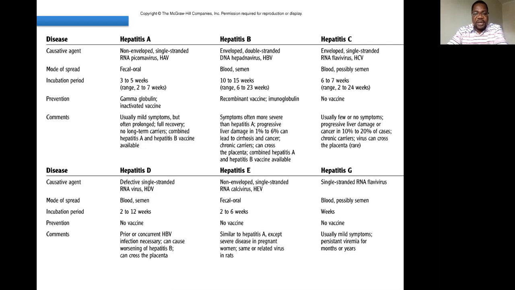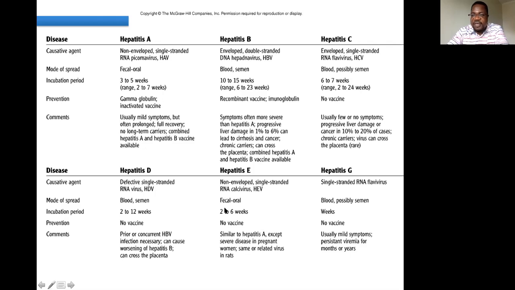Okay. And the other most important thing is the incubation period, how long it takes for you to develop hepatitis after being exposed to the causative agent. For hepatitis A, it can take 3 to 5 weeks. Hepatitis E is almost within the same range.